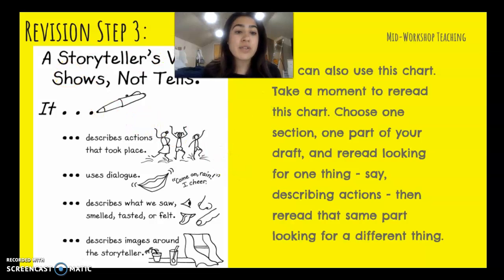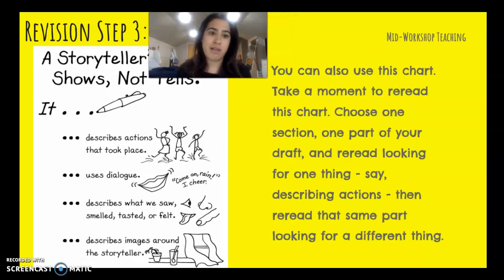A storyteller's voice shows, not tells. And if you remember very clearly when we did narrative writing in the beginning of September, we focused on this show, not tell. You know, describing the actions that took place, using dialogue, describing what we saw, smelled, tasted, or felt, and describing images around the storyteller.